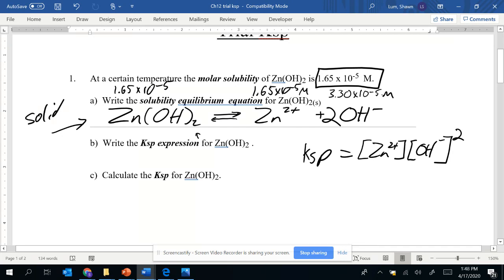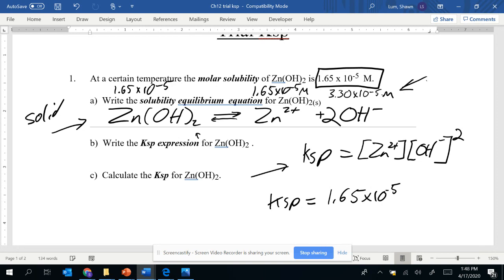So to calculate the KSP, we're going to plug these numbers into our KSP expression. So KSP equals zinc concentration, which happens to be 1.65 times 10 to the minus 5, times 3.30 times 10 to the minus 5, and that's squared.